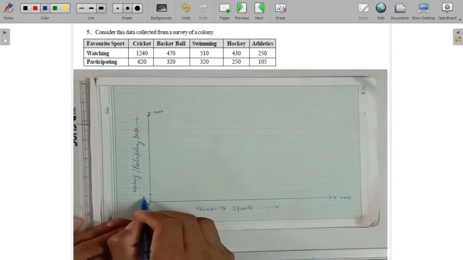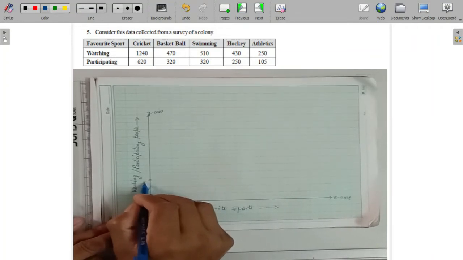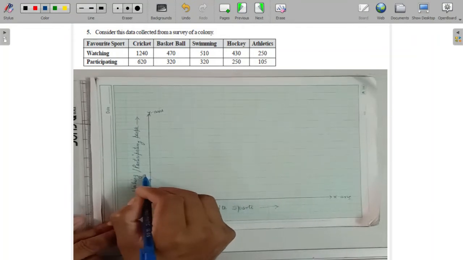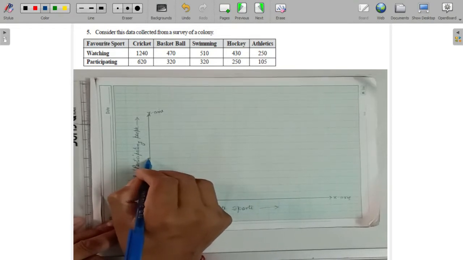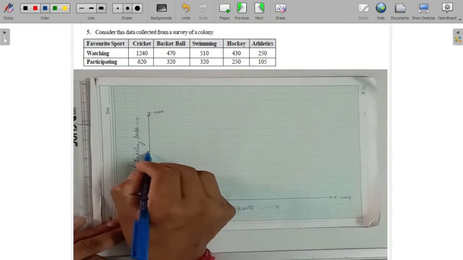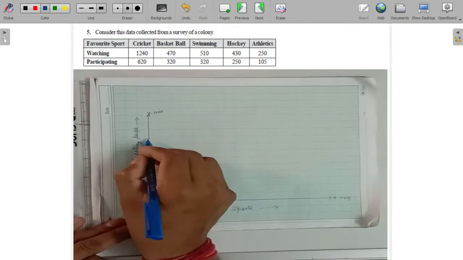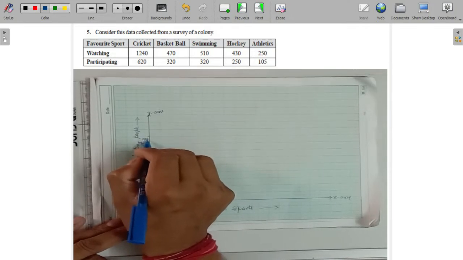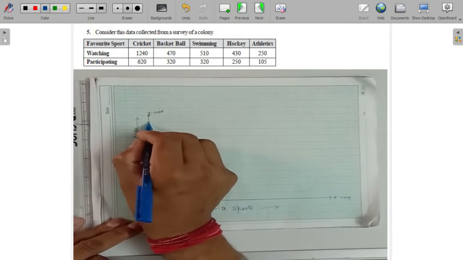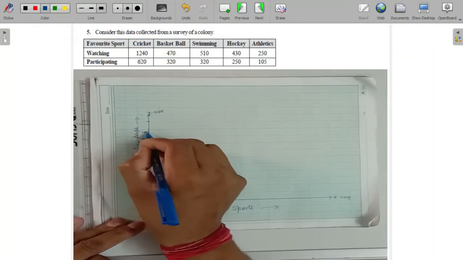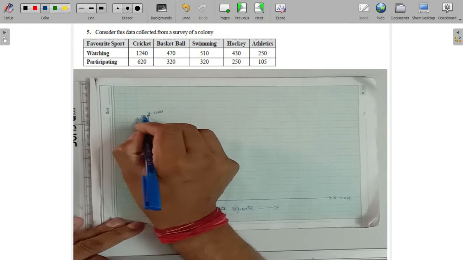Here take 100, then 200, then 300, then 400, then 500, then 600, then 700, then 800, then 900, then 1000, then 1100, then 1200.